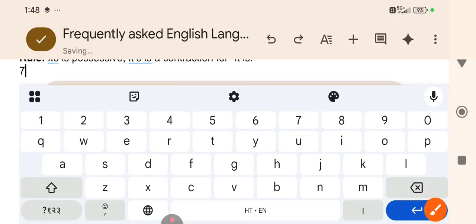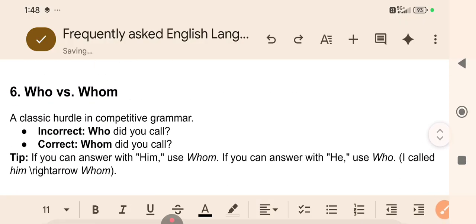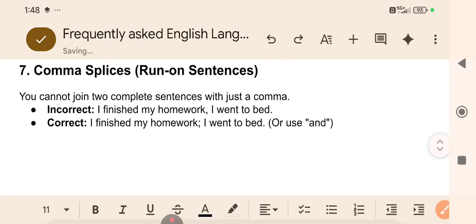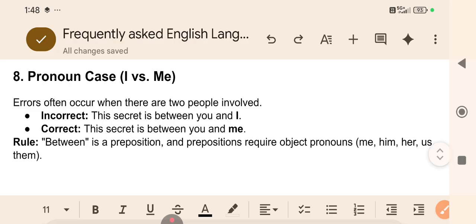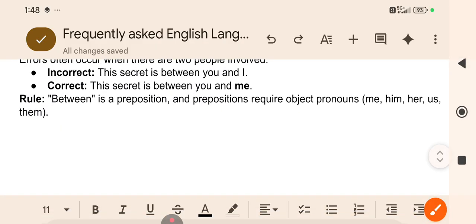Now next is pronouns, very important: I versus me. Errors often occur when two people are involved, and this is a very common and important part of grammar.